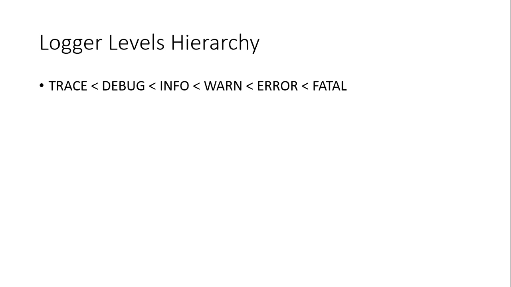Now, as everyone knows, these are the logger levels hierarchy. We have six logger levels: trace, which is the lowest log level, then debug, then info, and then warn, error and fatal.